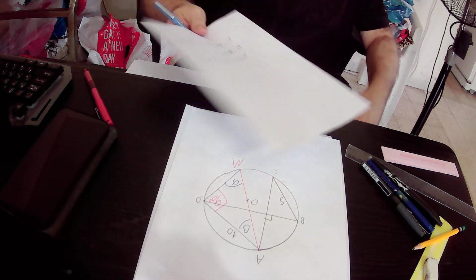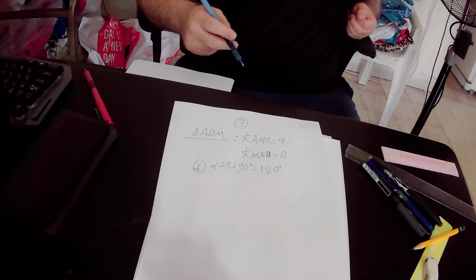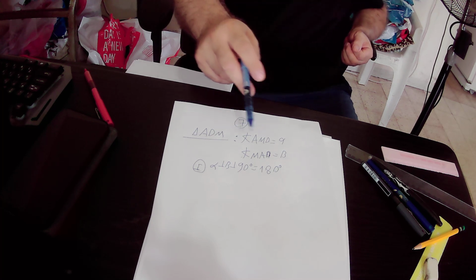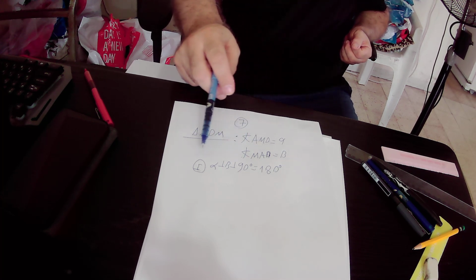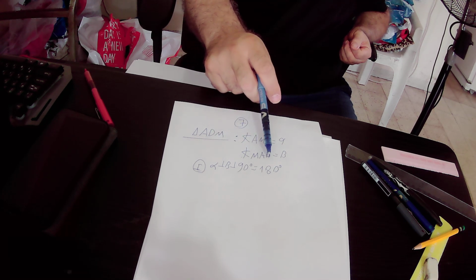Okay, so our first equation states that the sum of the angles in the right triangle AMD equals 180 degrees.